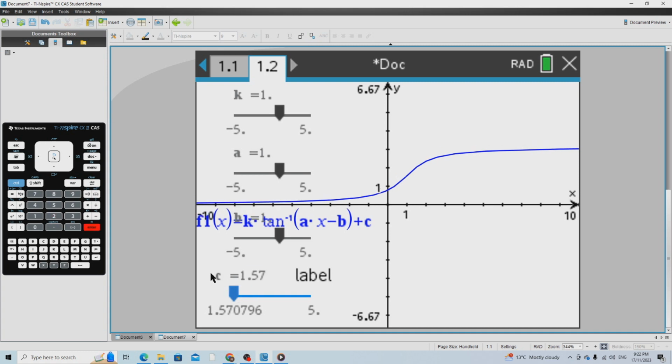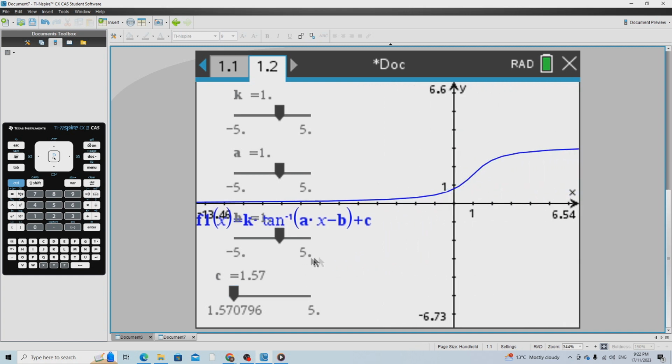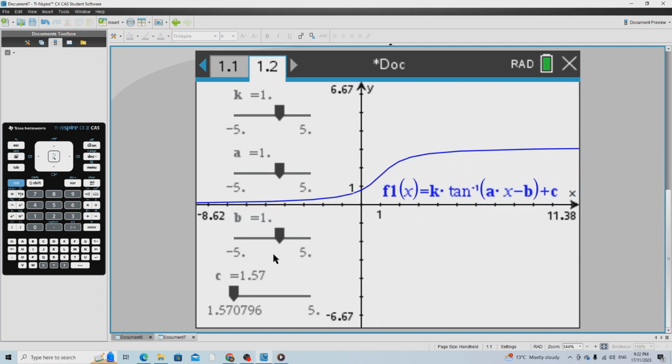So that's true. It's never touching. C is always greater than pi over 2 because there's an asymptote at y equals 0. So that looks good. And when c is greater than pi over 2, let's check that.